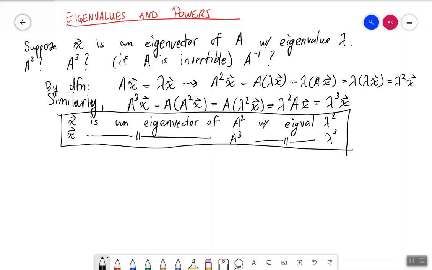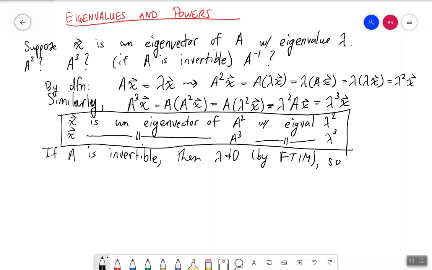Now what if A is invertible? If A is invertible, then lambda is not 0.